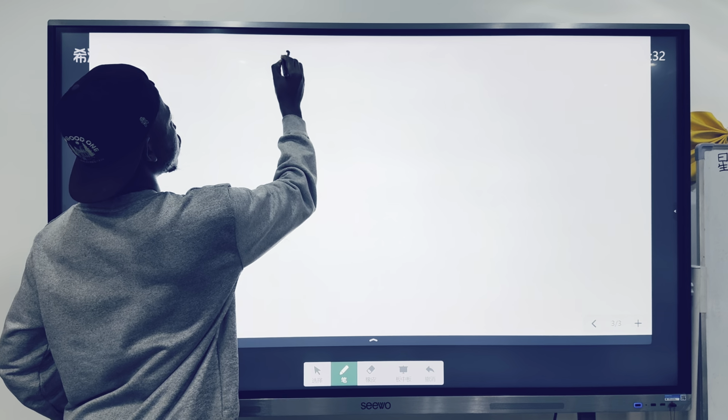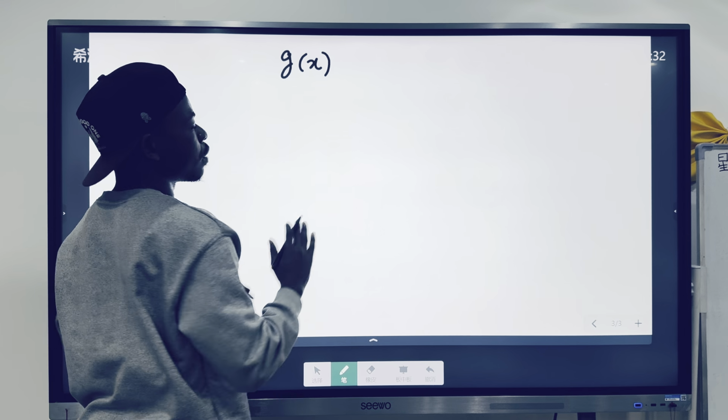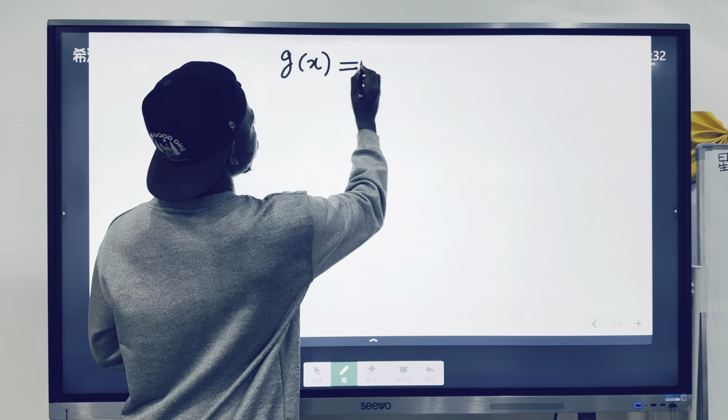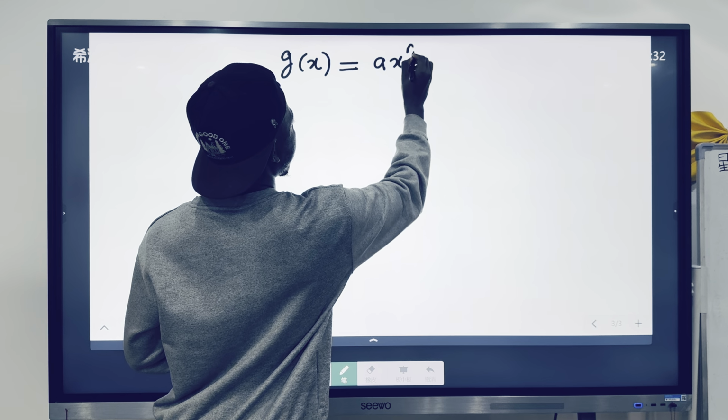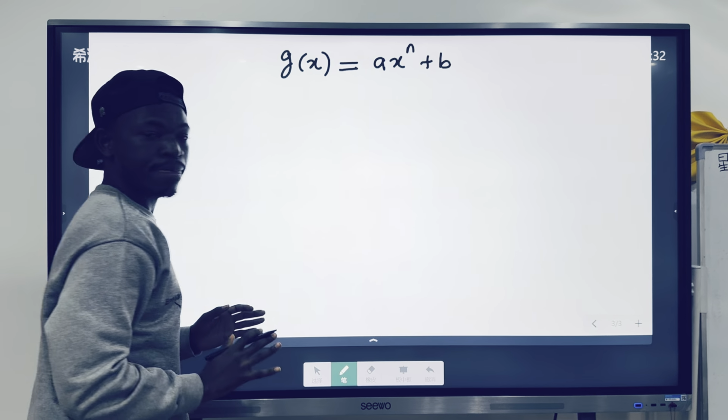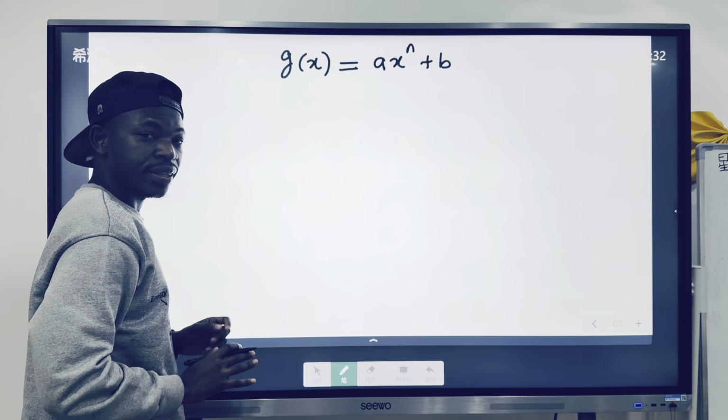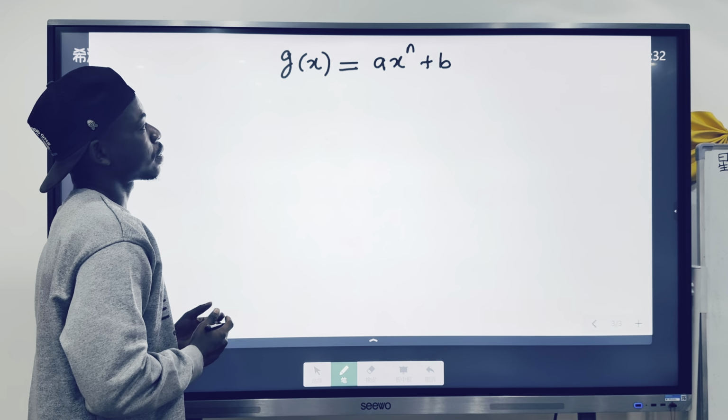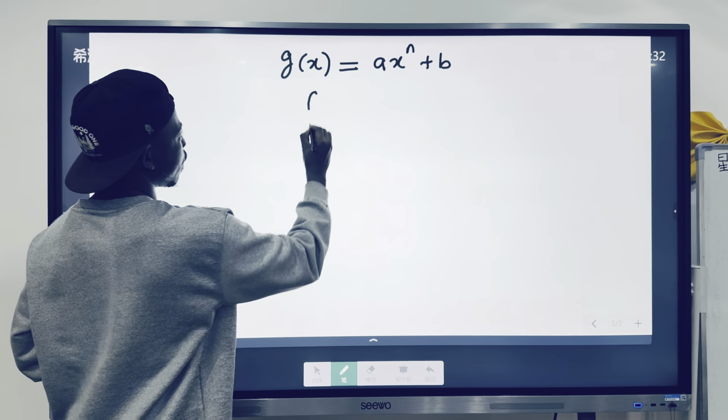So let me call this function g of x. So we have a function g of x and it's equal to ax^n plus b. So if we want to integrate that function with respect to x, in other words, we want to find the integral like that.